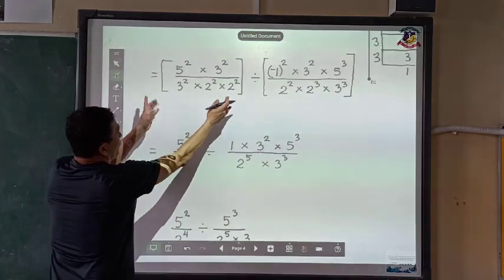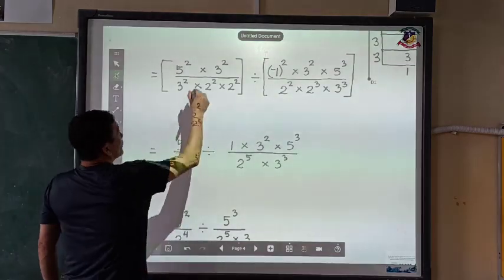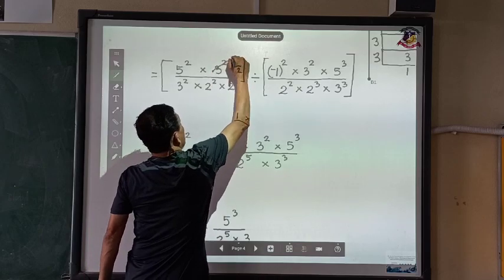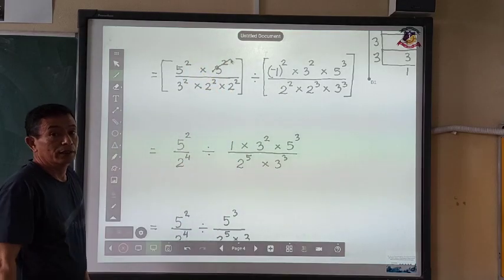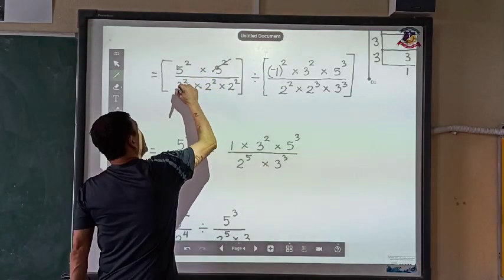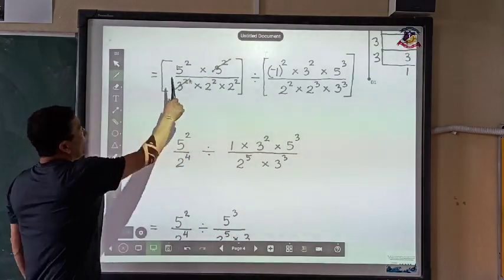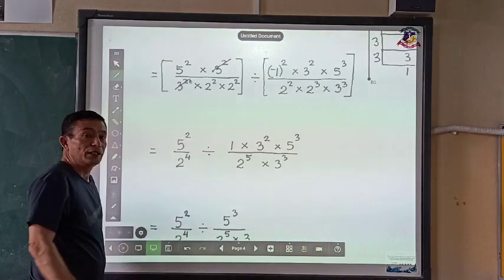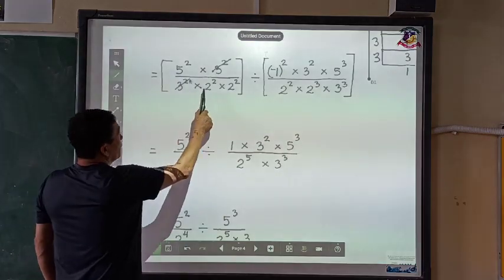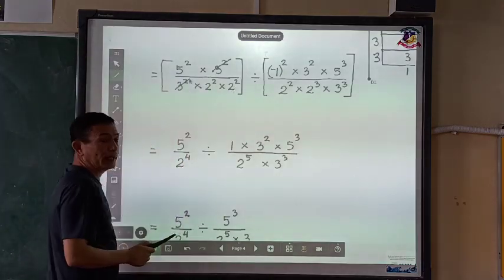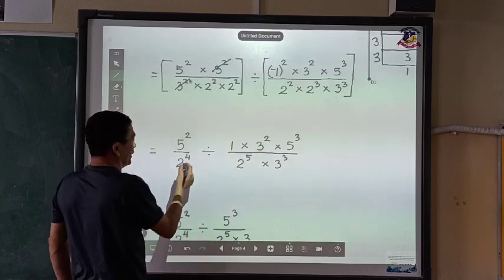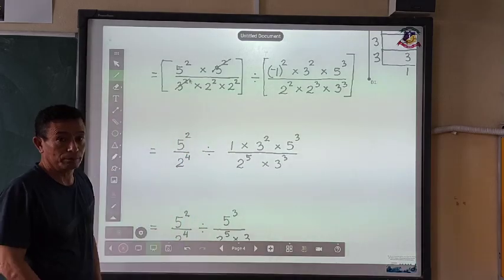So if I take the first bracket, 3 squared in the numerator and 3 squared in the denominator can be cancelled. So I am left with 5 squared in the numerator multiplied by 2 squared into 2 squared. 2 squared into 2 squared can be written as 2 to the power of 4.